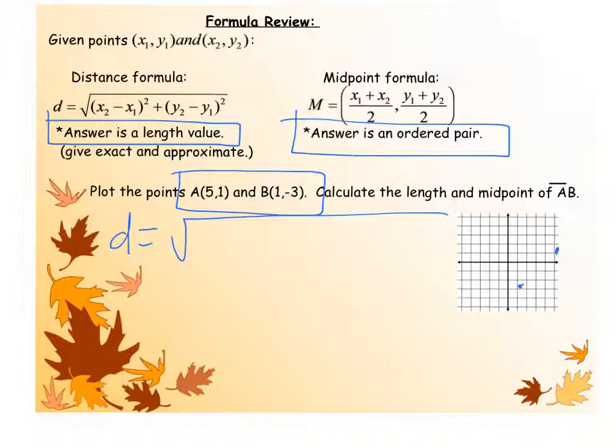We would take the difference of the x's, which would be 5 minus 1 squared, plus the difference in the y's, which would be -3 minus 1 squared.